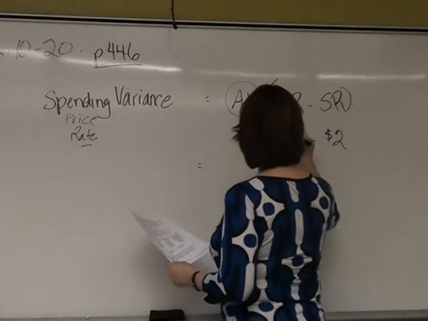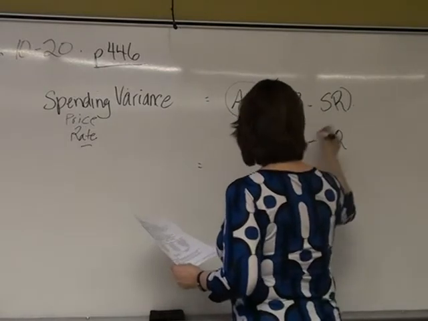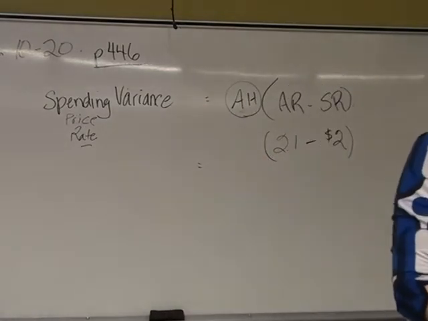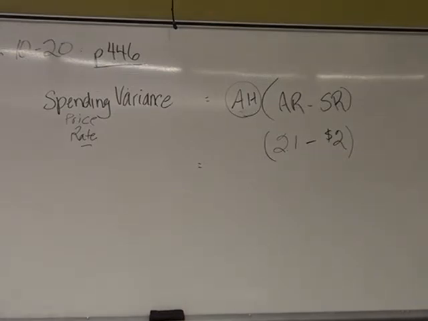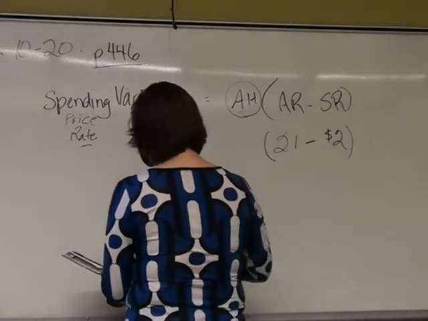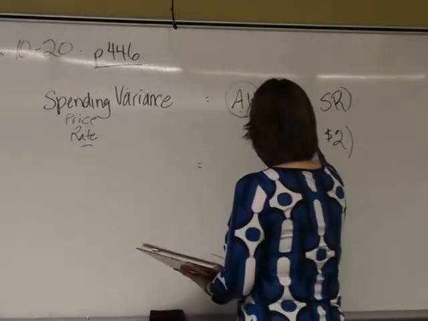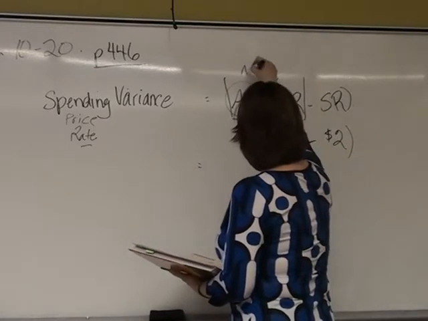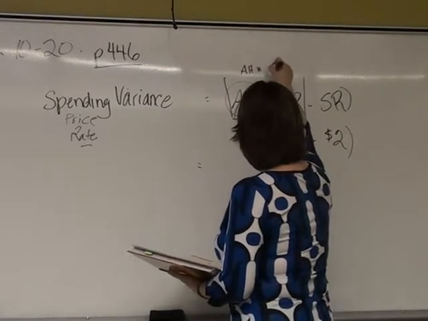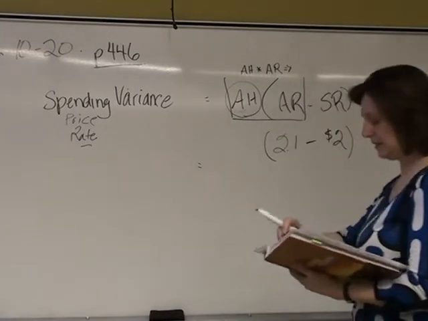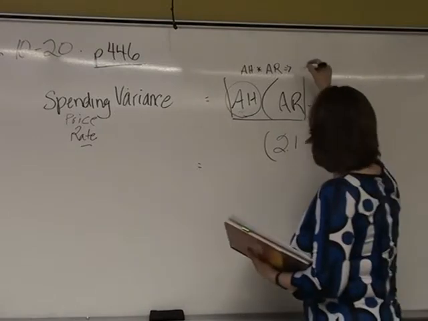Sounds good to me. I should have broken this out. So basically, the actual hours times the actual rate is this 68,250.